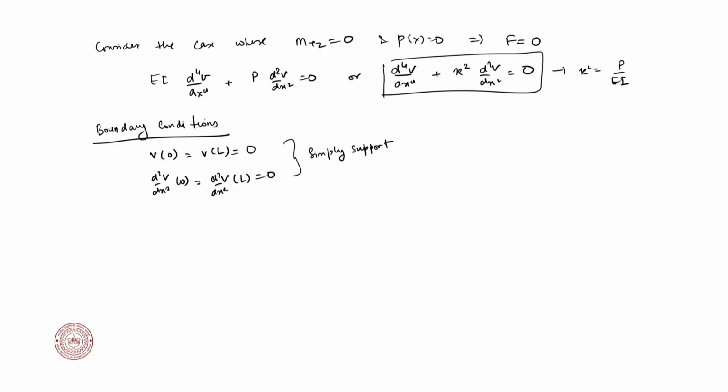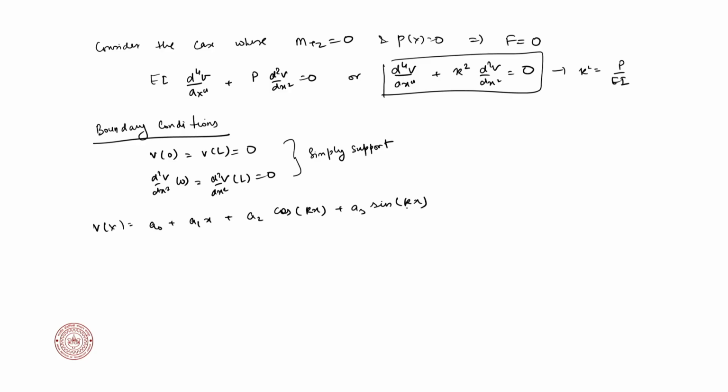Now, if we solve this differential equation, we will find that v of x is equal to a0 plus a1 x plus a2 cos of kx plus a3 sin of kx.